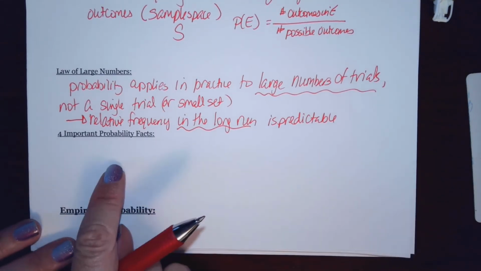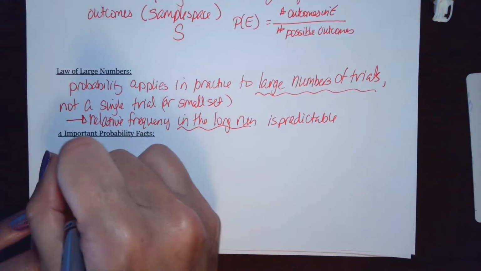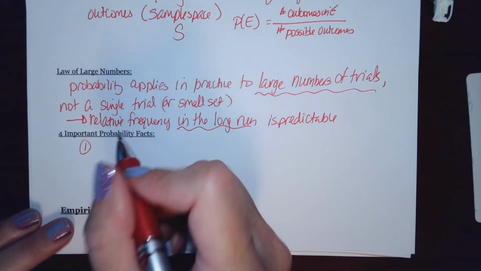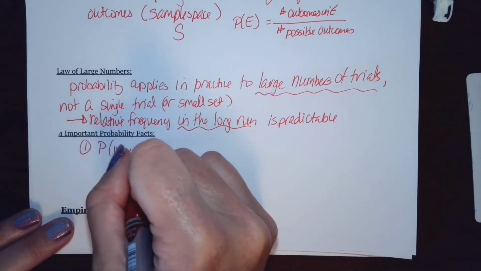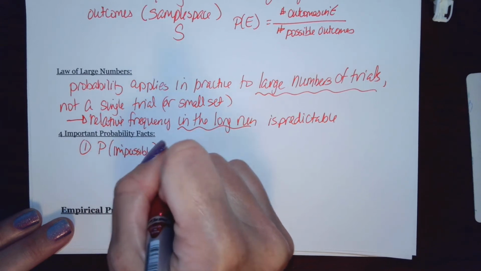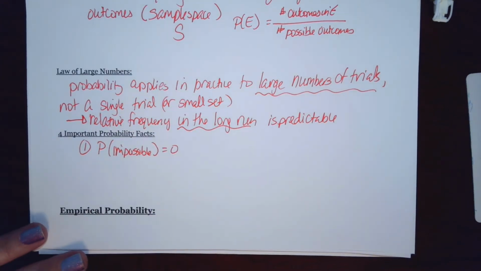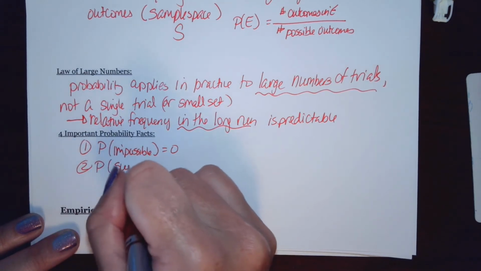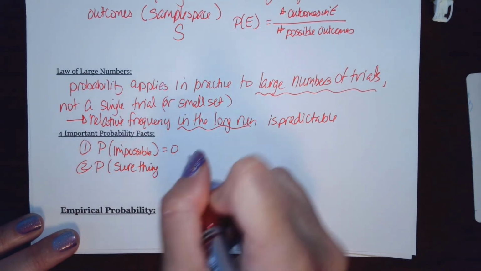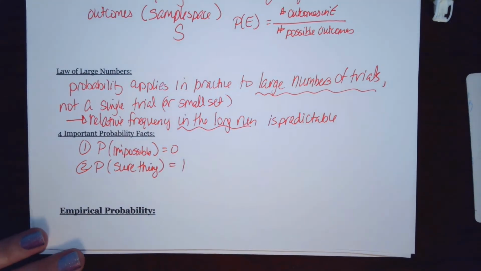Okay, 4 important probability facts. The first one is that if I want to say that the probability of something is impossible, then that probability is 0. If something is a sure thing, a certain outcome, the probability is 1.